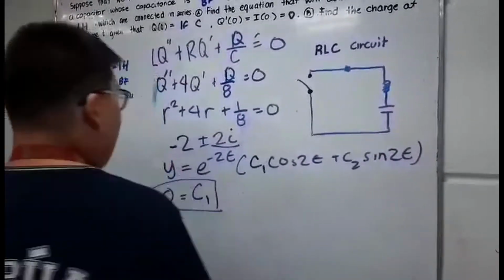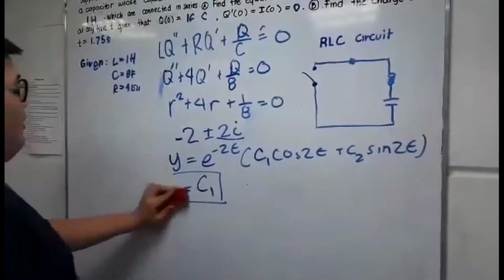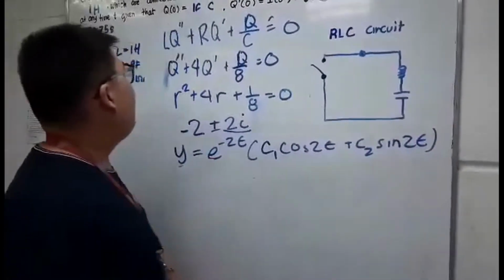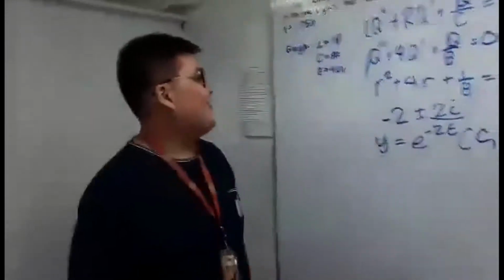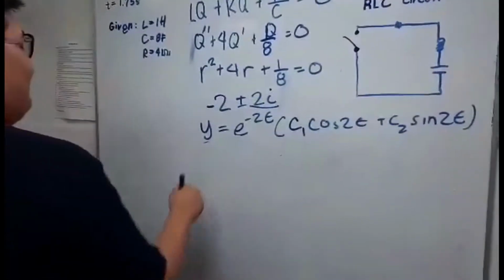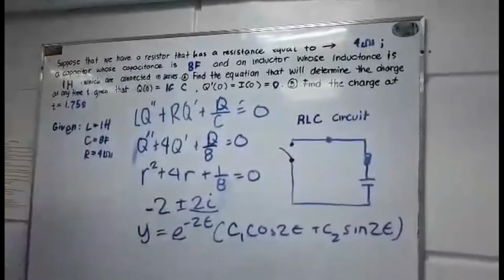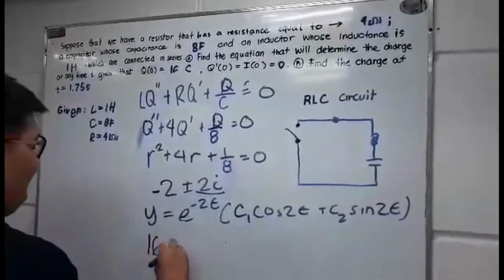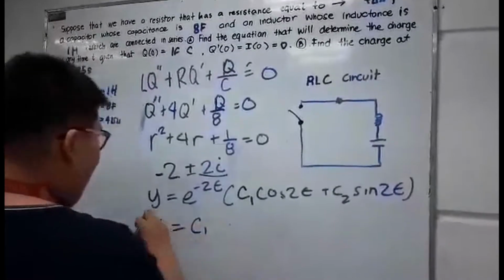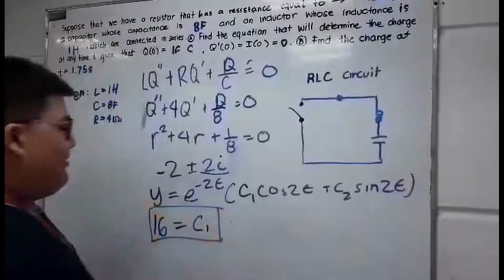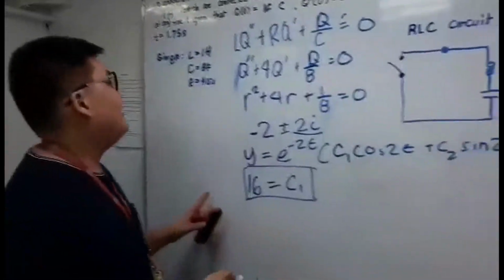Okay, due to technical difficulties, it's actually that we have Q of 0 is actually 16, so 16 is equal to C1. So, sorry for that mistake.